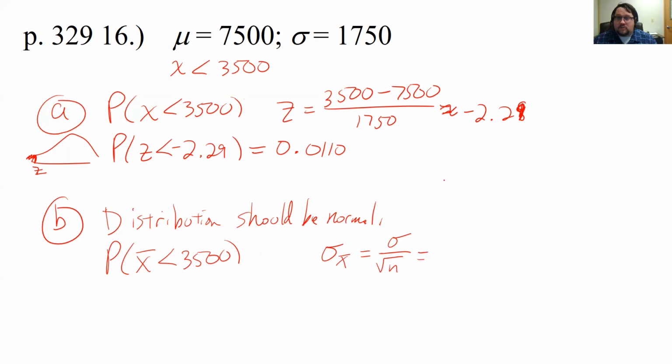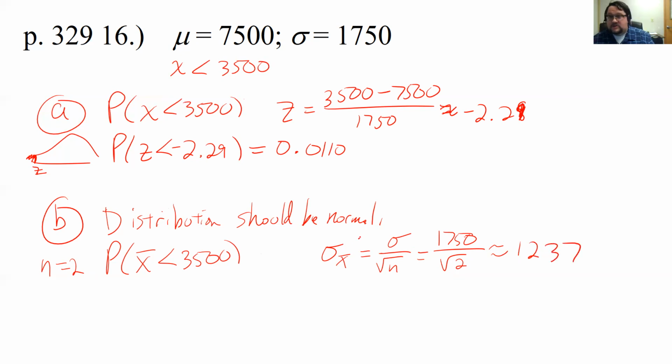We go back to the original, 1,750 over the square root of our sample size. For this problem, n equals 2 tests. So 1,750 divided by the square root of 2, and that is about 1237.